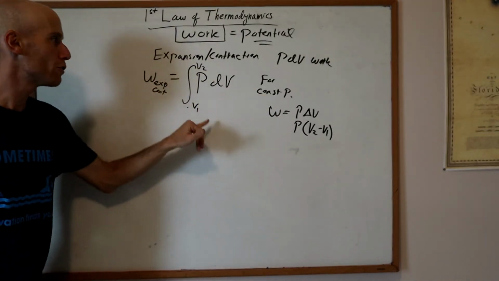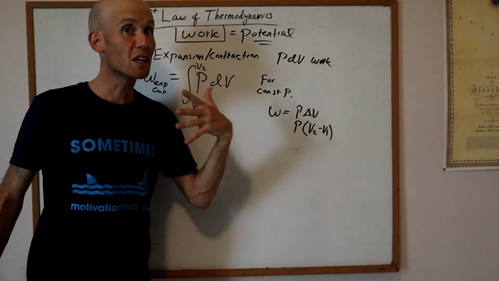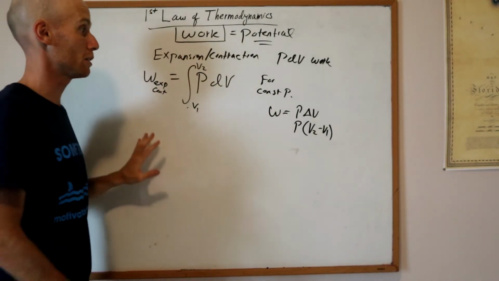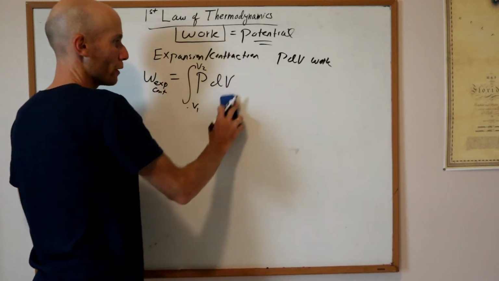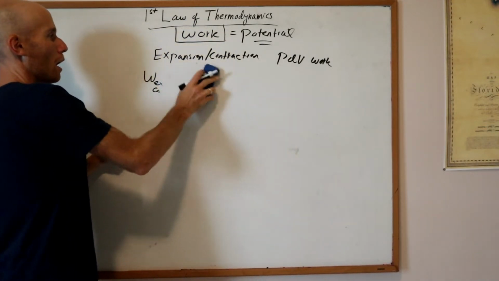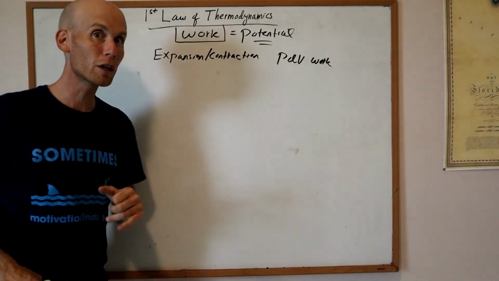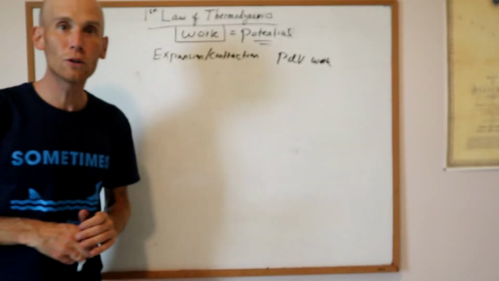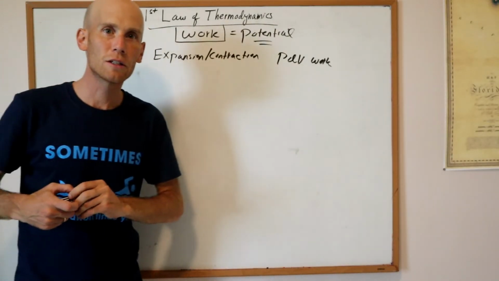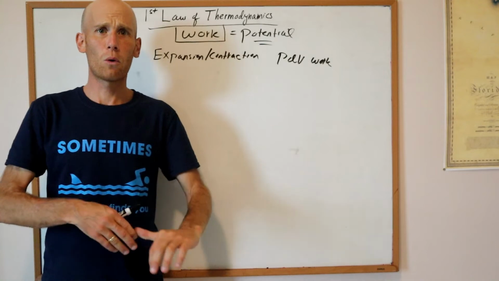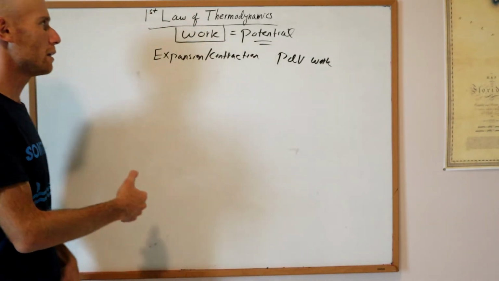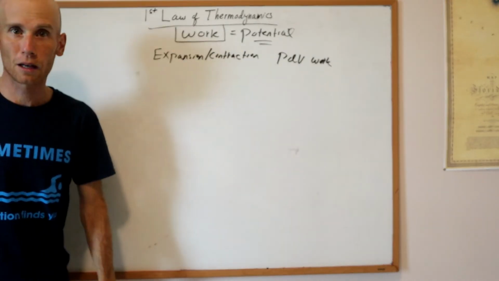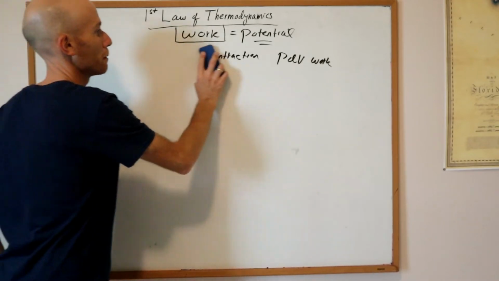There's a whole variety of different simplifications you could use for this. We will discuss this to death, and you will know a whole lot about expansion-contraction work in greater detail. It's a very, very important type of work for people in the mechanical field when discussing engine design, or people in the chemical field in explaining some types of reactions and how they will expand and contract.